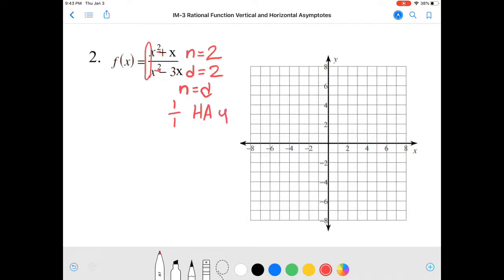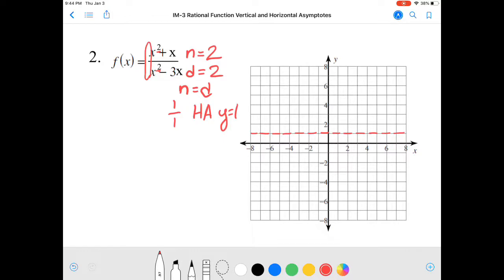The horizontal asymptote is y equals 1. Let's draw it in with a dotted line. Remember, the asymptote means that the line for the graph cannot touch or cross that line.